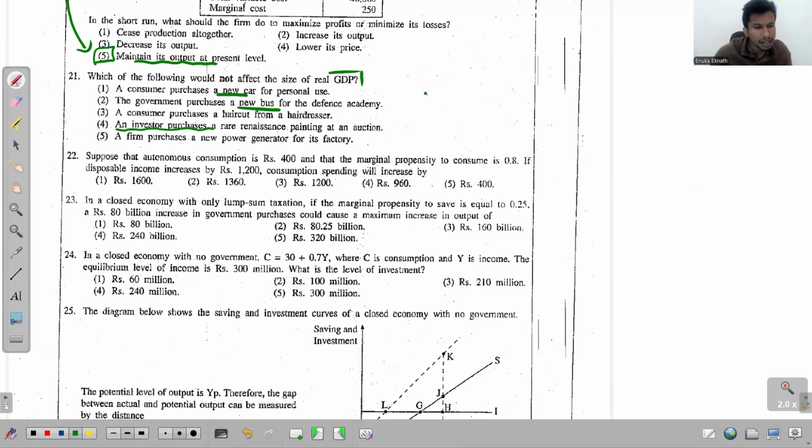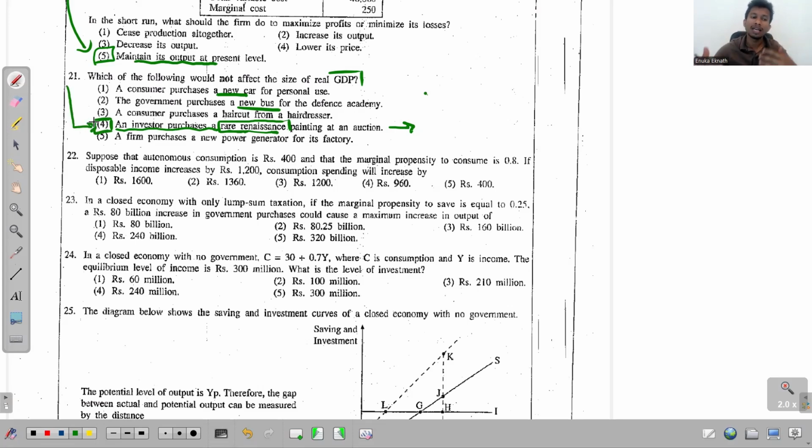An investor purchases a rare Renaissance painting at an auction. This is the purchase of a used good. So if it's a purchase of a used good, we do not consider such transactions when calculating GDP. Right? So this is the answer for this question number 21.